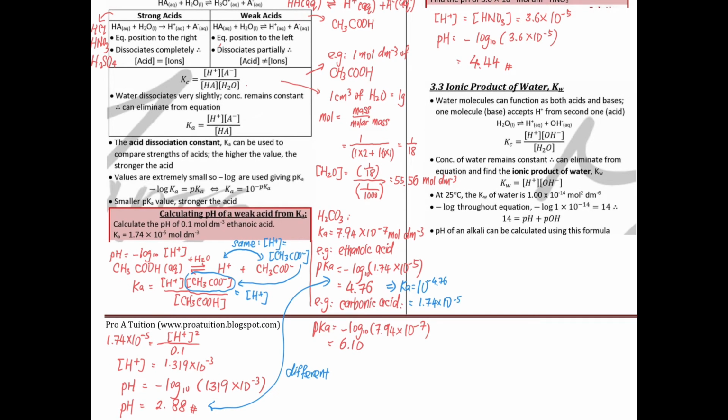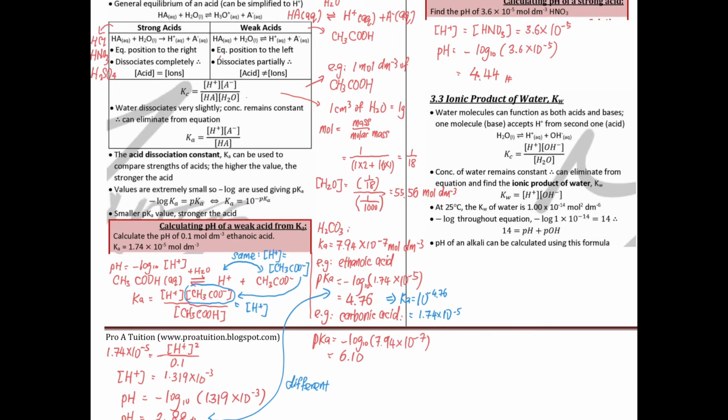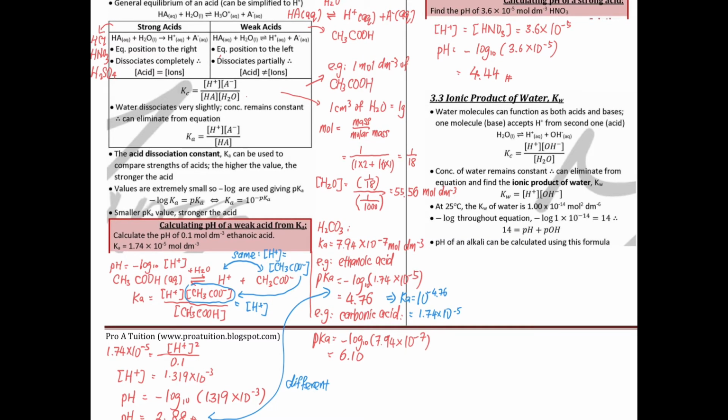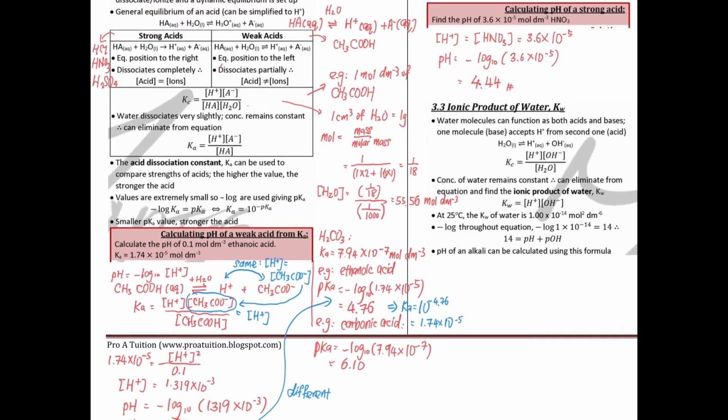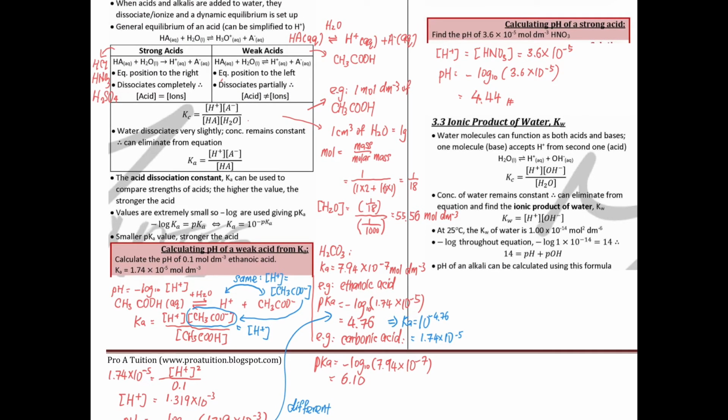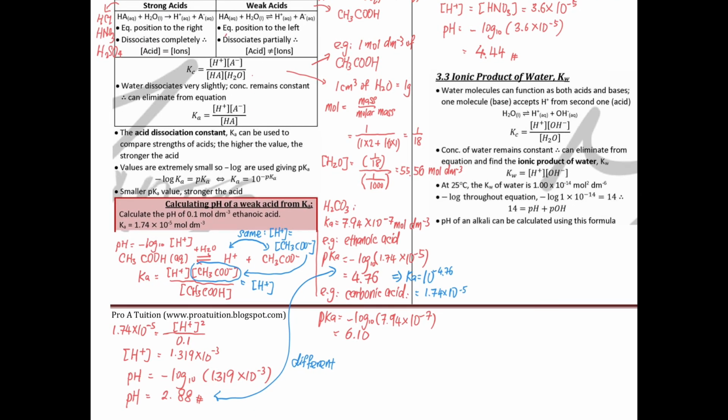So if you ask me, why is the pH of the ethanoic acid so low and the pH of this strong acid so high? Of course, pH is affected by concentration. This one has a high pH because the concentration is very small. And this weak acid has a lower pH because it used a high concentration of 0.1.